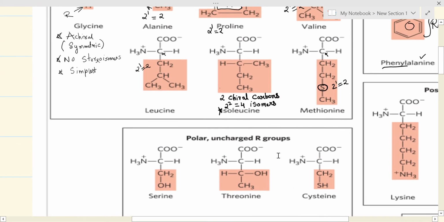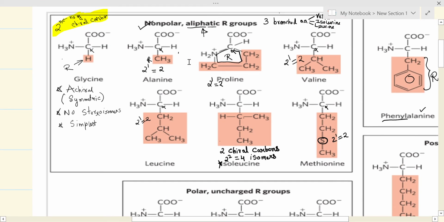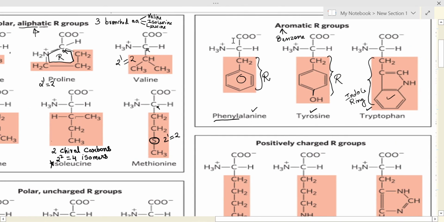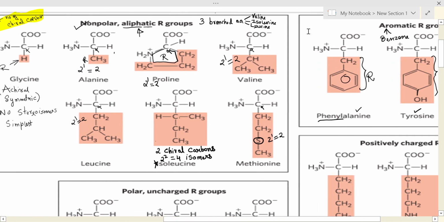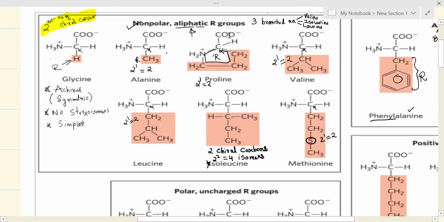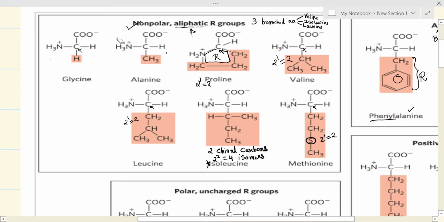Now, one thing that I need to mention, among the non-polar and aromatic amino acids, how many are polar? I mean, how many can be polarized when we dissolve these amino acids in any chemical medium? What are the groups which can be polarized?